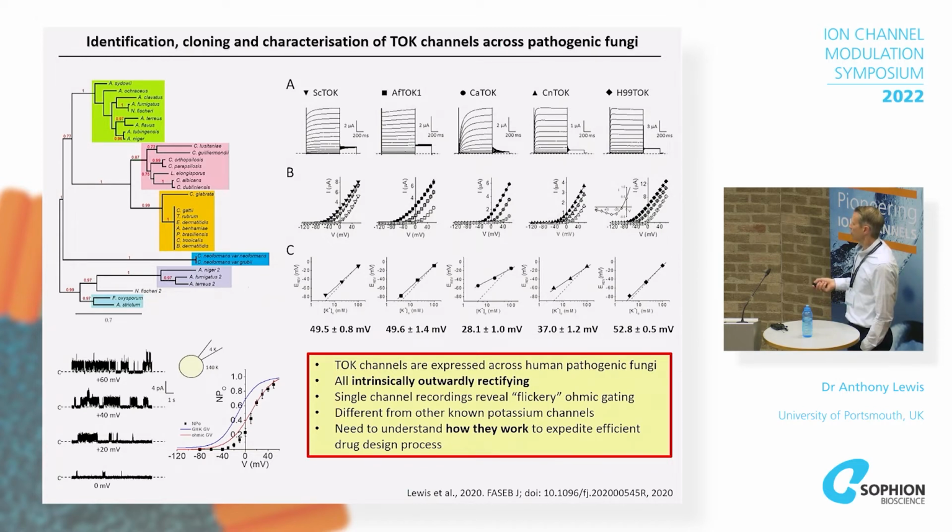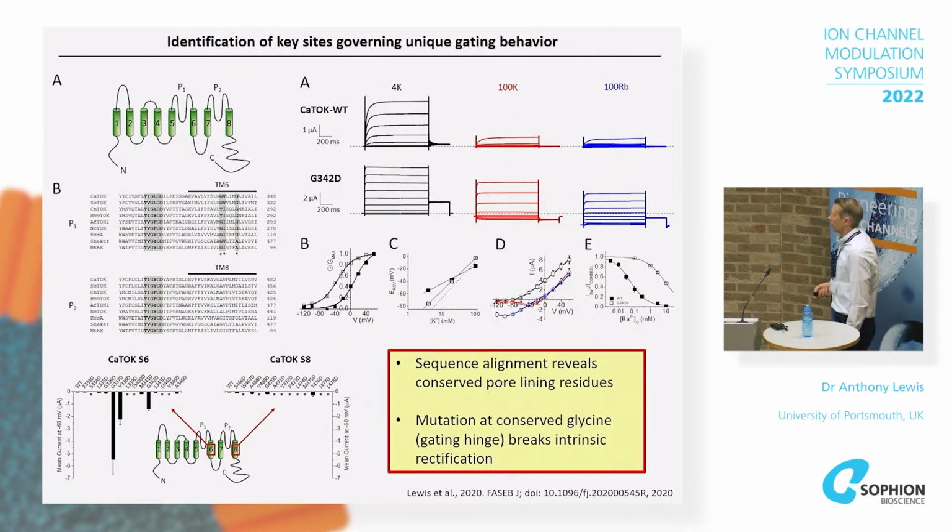So we really wanted to understand what was responsible for this outwardly rectifying property. So even at very negative potentials, at very high external potassium, these channels don't pass any inward current. So the first thing we did was we thought that this was likely to be something to do with some kind of mechanism in the pore. So here's the alignments of the pore lining, transmembrane domain 6 and 8.